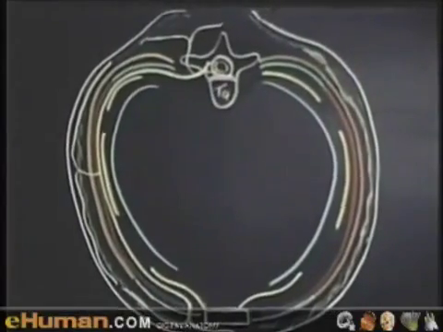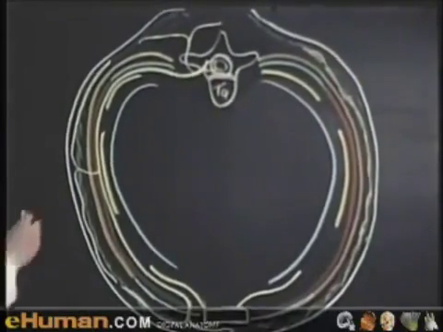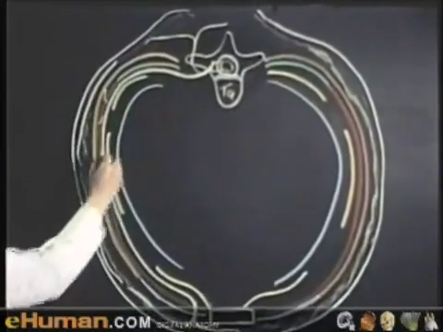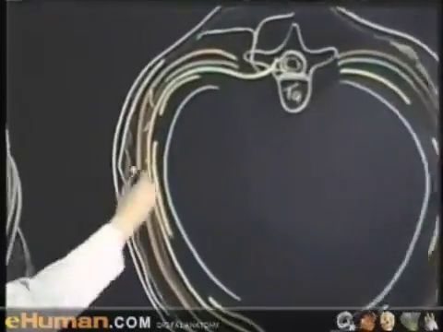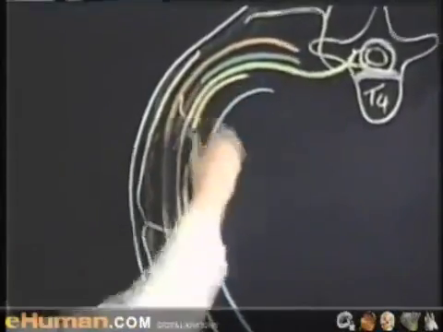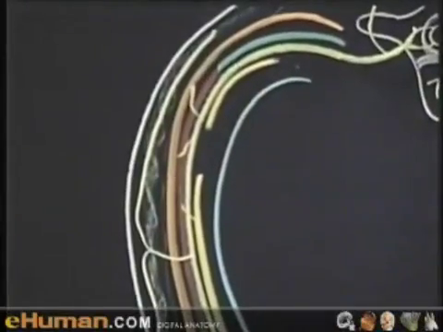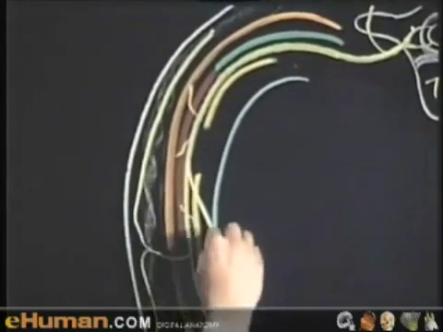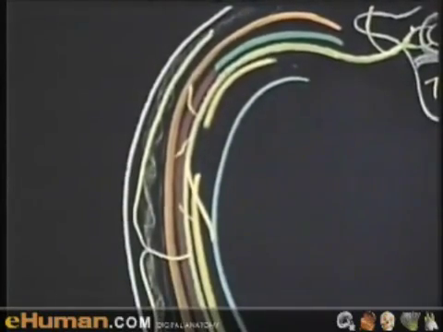Now, what other structures does this nerve supply? It supplies the intercostal muscles, all three layers: the external intercostal muscle, the internal intercostal muscle, and this incomplete transverse thoracic. It also supplies the parietal pleura.